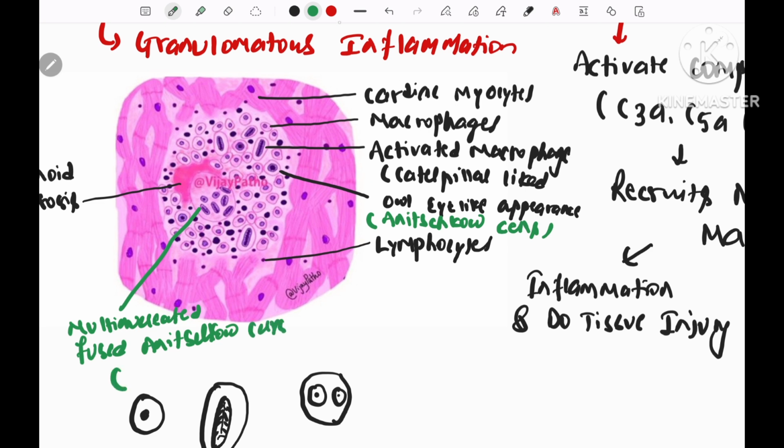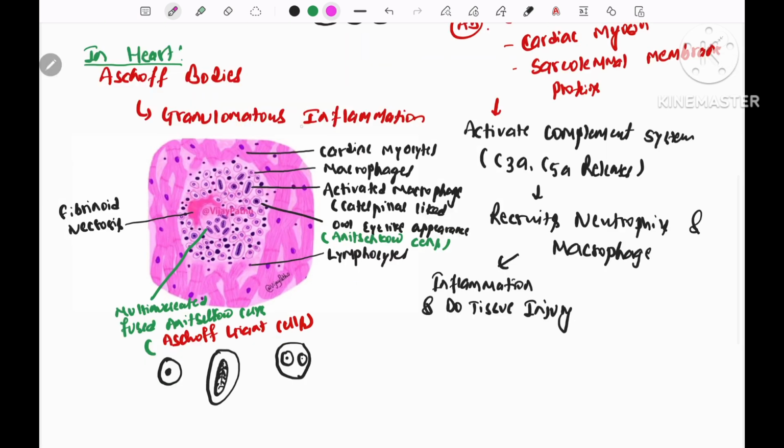These are called Aschoff giant cells. So this overall structure is called an Aschoff body, and it is found in the heart.